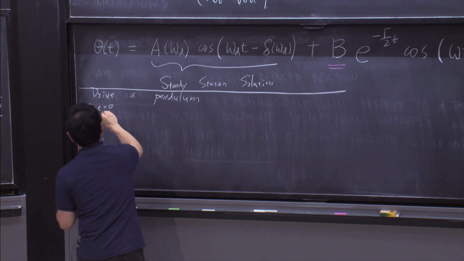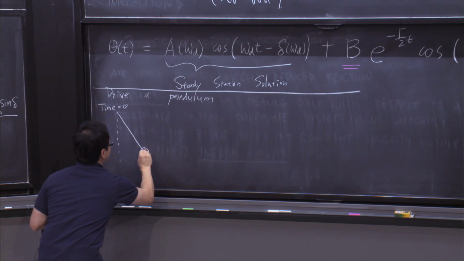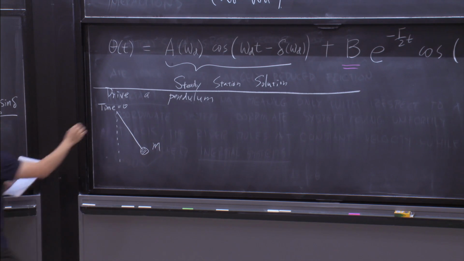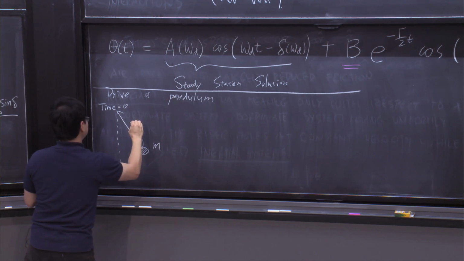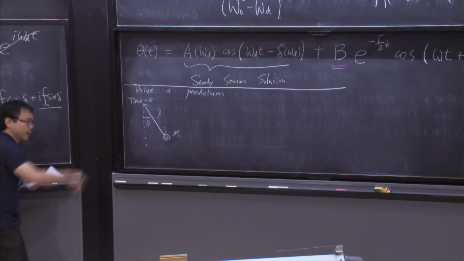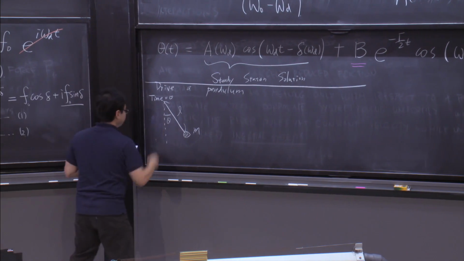This is a string attached to a ball with mass equal to m. The length of the string is L, and the angle between the vertical direction and the direction of the string is theta.